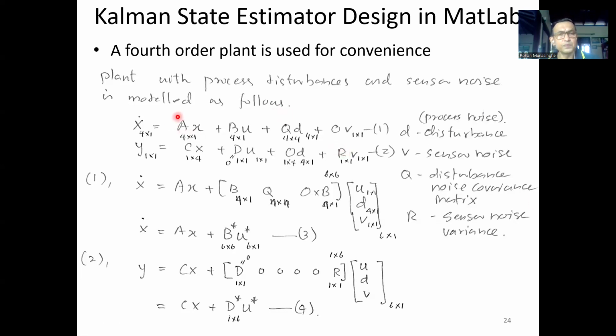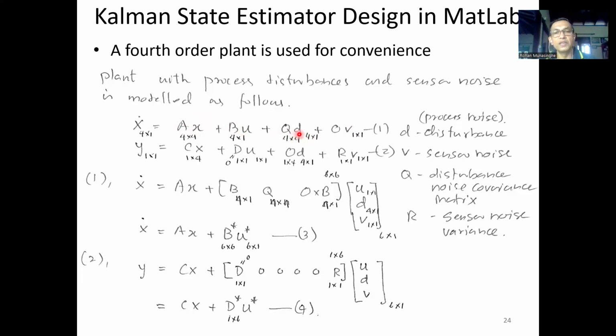So this is my plant dynamics. X dot equals Ax plus Bu plus Qd plus 0V, right? I have taken everything that is possible. This is the state transition, Ax. This is the drive matrix because of the controls.